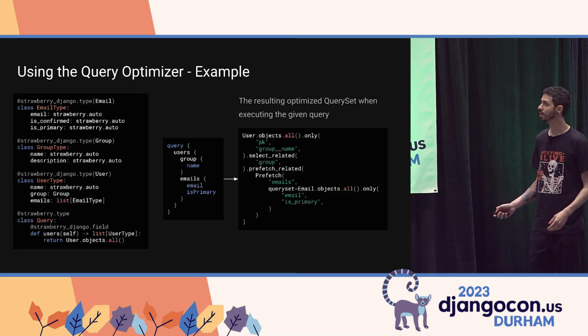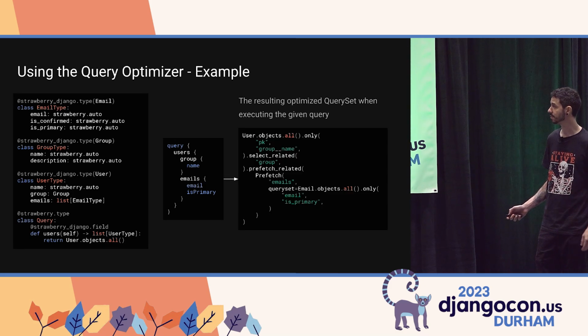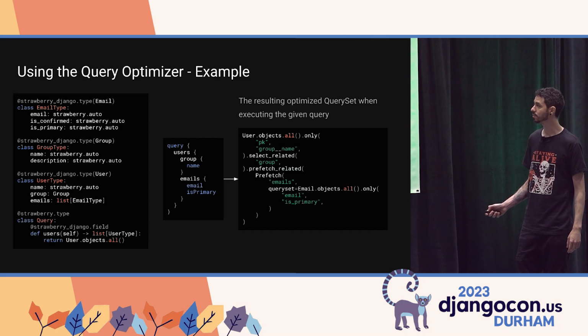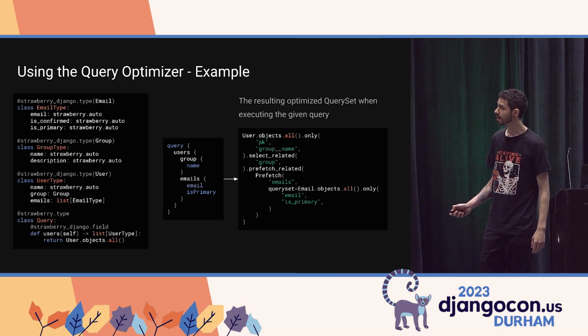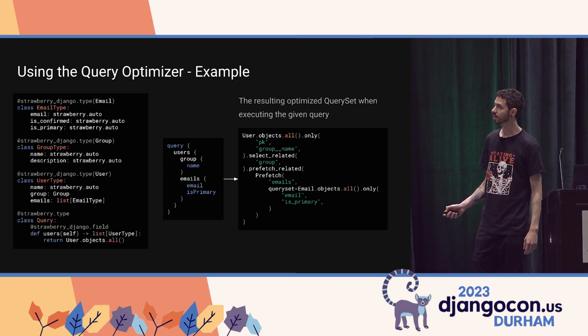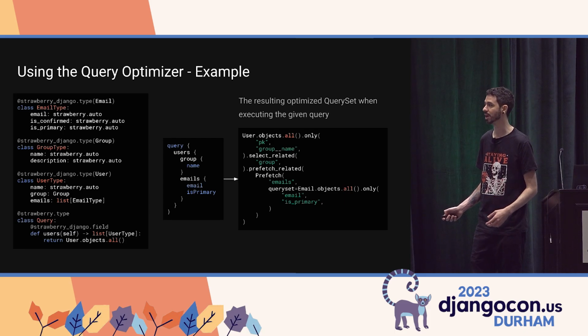The resulting query set will look something like this. So it will retrieve all the users, asking it to retrieve only the primary key and the group's name, doing a select_related on the group, and also a prefetch_related for the emails, asking it inside to retrieve only the email and if it is primary or not.